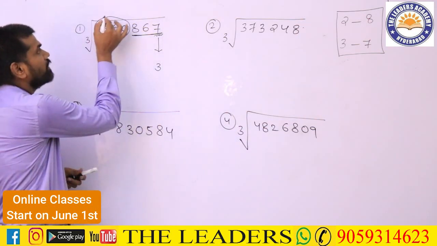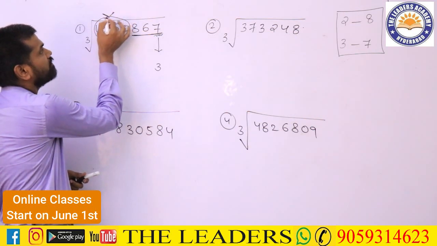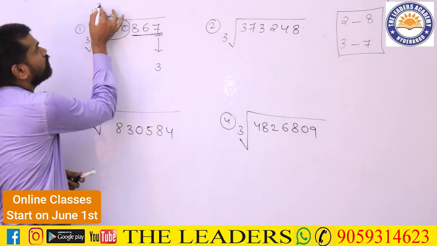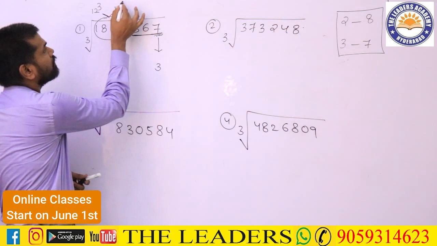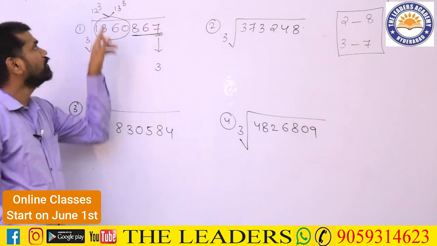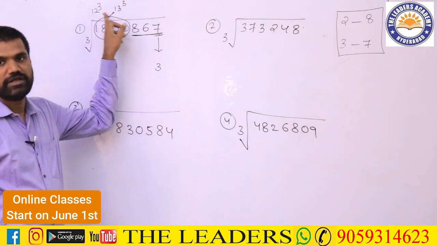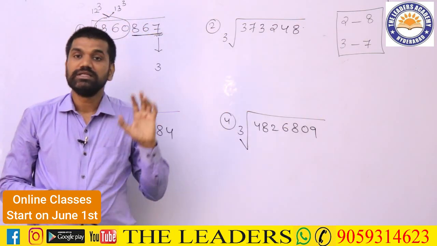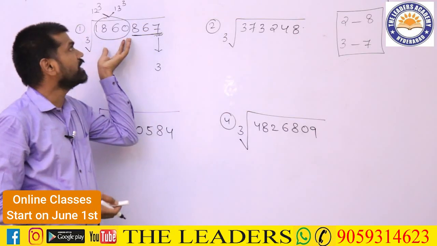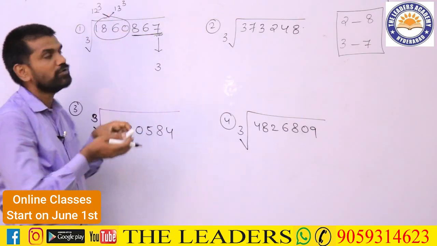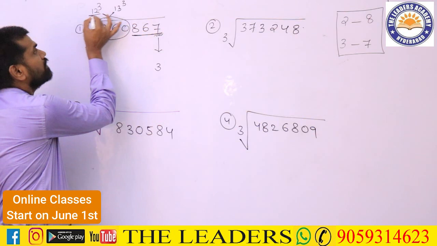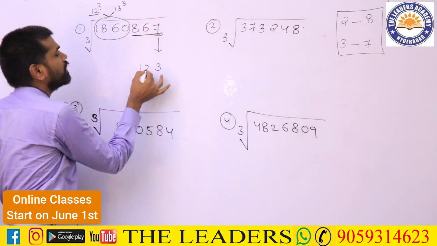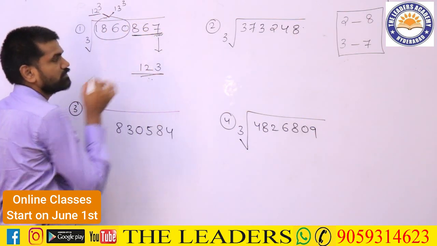If you observe this one, the number is lying between 12 cube and 13 cube, because 12 cube is 1728 and 13 cube is 2197. You simply take the lower bound and write it over here always.